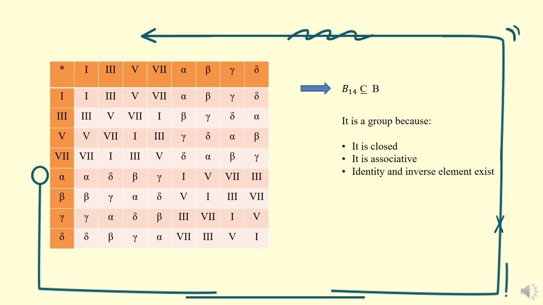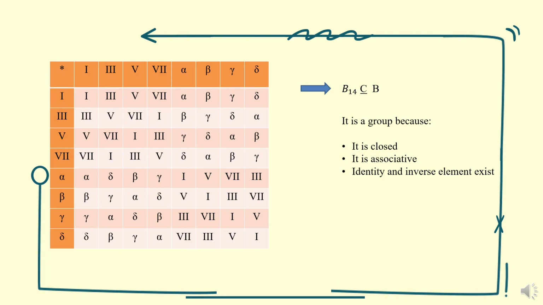It is associative, yes, because if we flip this table 180 degrees, then arrange it in order, we can say that the flipped table is congruent to the original table. So in that way, we can say that this table is associative. And lastly, identity and inverse elements exist.